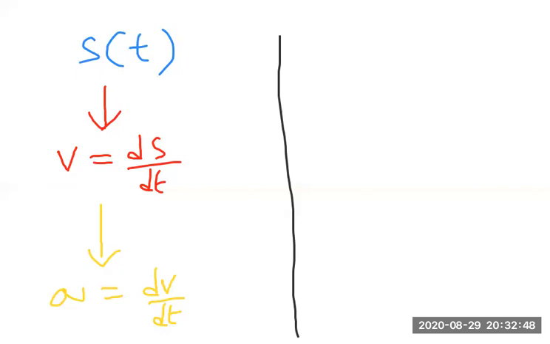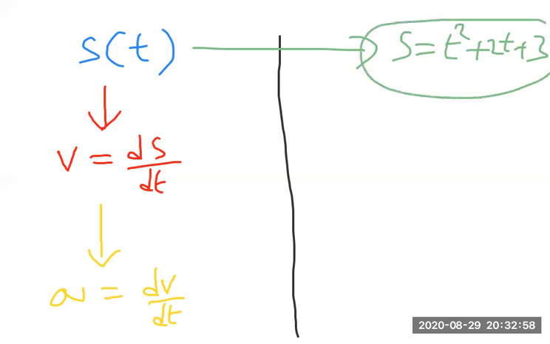Generally what will happen is they will give something like this, some random example: s equal to t square plus 2t plus 3. I want to differentiate, so v is equal to ds by dt. Displacement is given as a function of time.